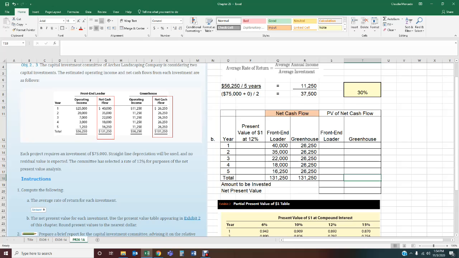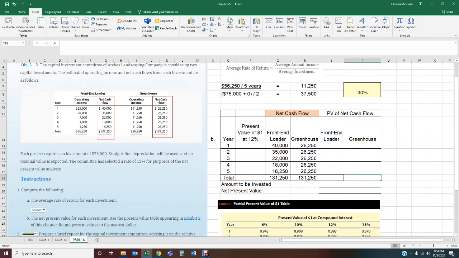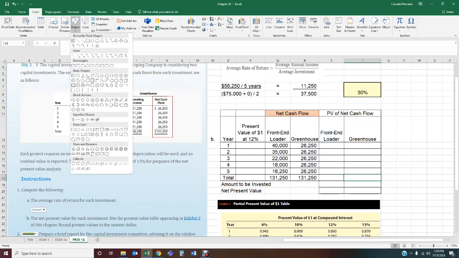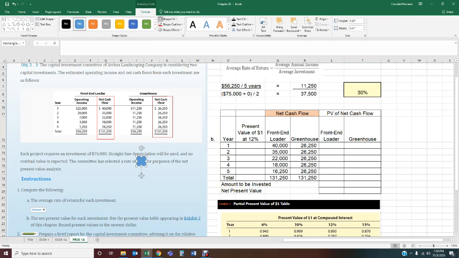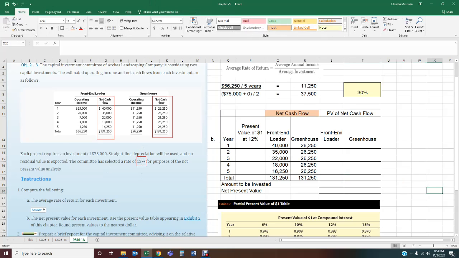value rates. Okay. Now the problem says here that the committee has selected a rate of 12%. Okay, 12% right here. So when we look at our tables, we're going to be looking at the 12% column, and we have 5 years. And we're doing the present values of our cash flows year 1, 2, 3, 4, 5.